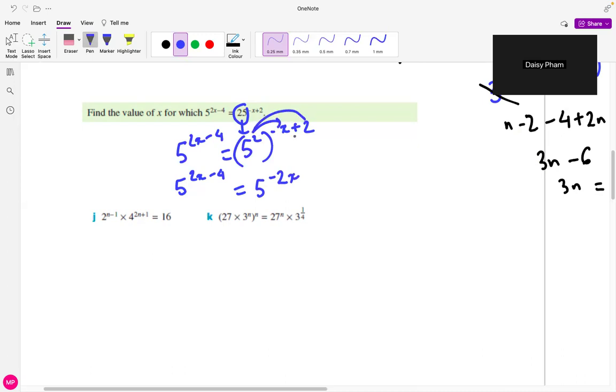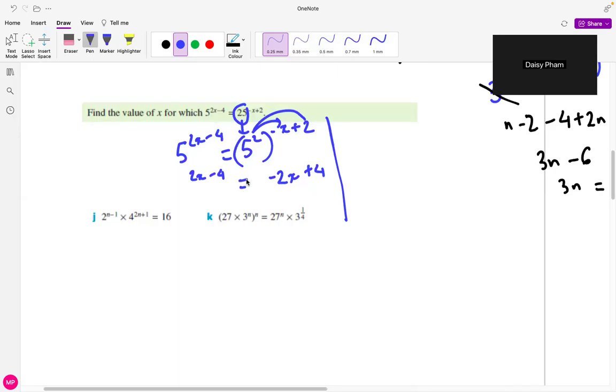And then 2 times 2 equal 4. So once you have the same base on each side, you cancel the base out. So you're left with 2x minus 4, let me just write this out, equal negative 2x plus 4.